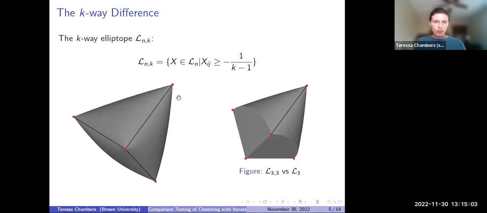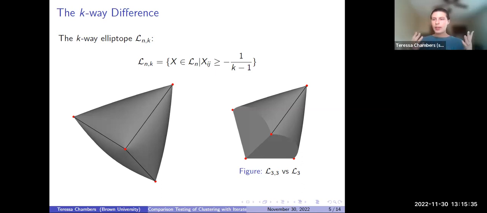In the original elliptope, we have 4 attractive fixed points, 1 for each vertex. By adding these slices, what we actually end up with is 5. We preserve one of the original corners, and then we've got this polytopal portion of the surface that creates the remaining fixed points.